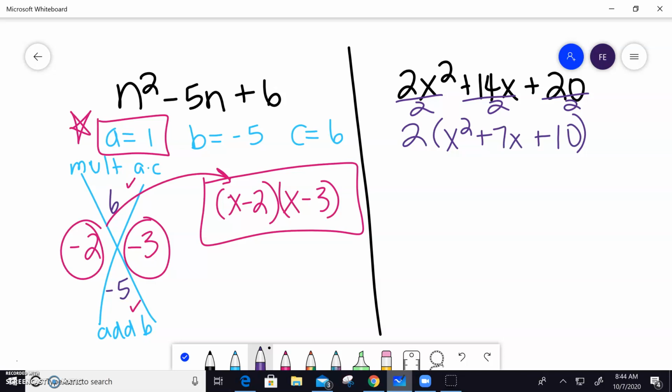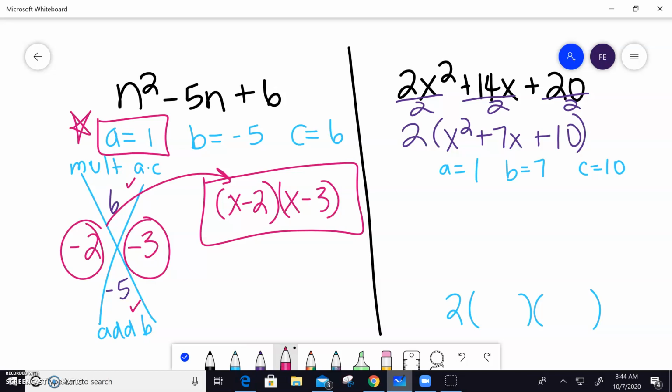Once I took out the greatest common factor, I have a new a, b, and c. My a is 1, my b is 7, and my c is 10. 2 is not my leading coefficient anymore. It's my GCF. So when I get down to my factors, I have the 2 at the very front, so that when I multiply it all back together, it gives me what I started with.